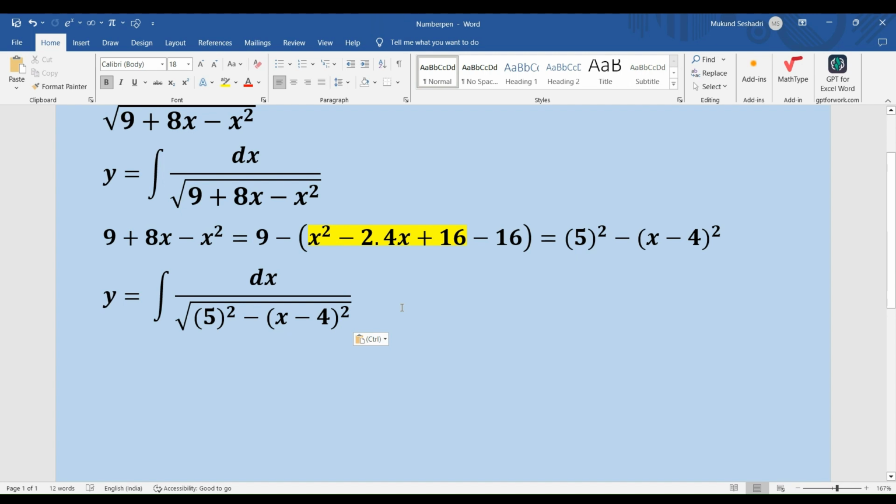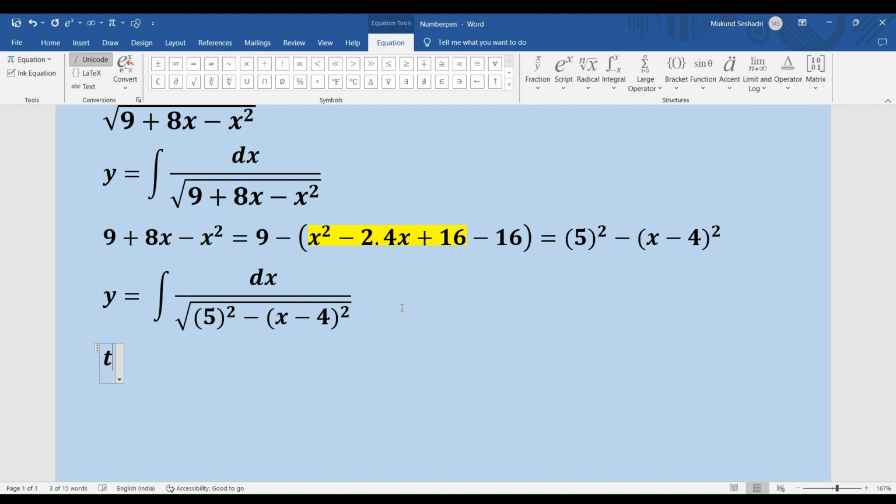Now, in order to reduce it to the format integral of dx by square root of a square minus x square, what is that substitution that I need to do? I'm sure by this time all of you are quite familiar with this substitution. If you have not yet understood what I'm trying to do, take a look at some of my previous videos or do write in the comments and I'm happy to help you personally.